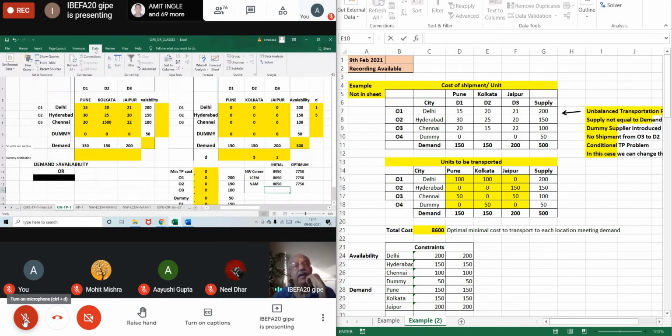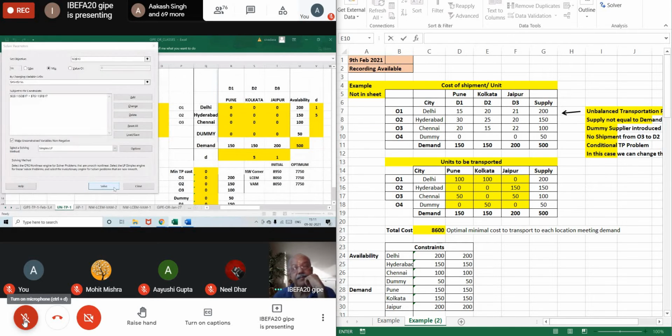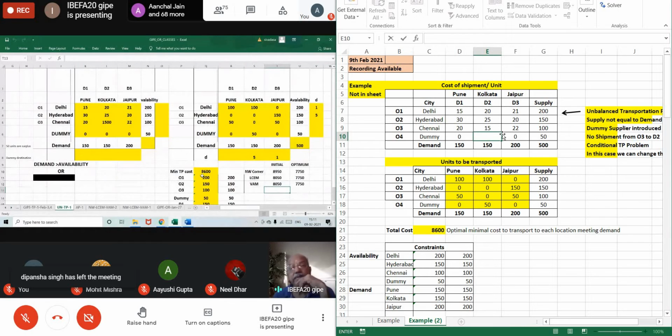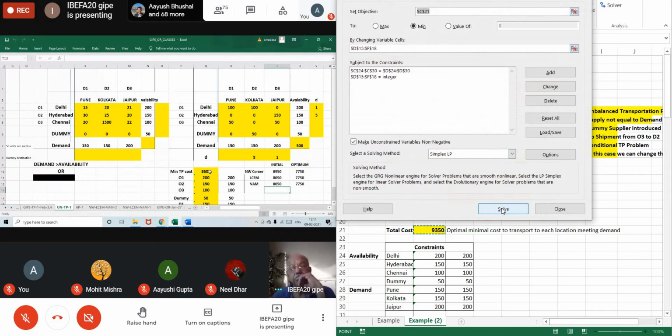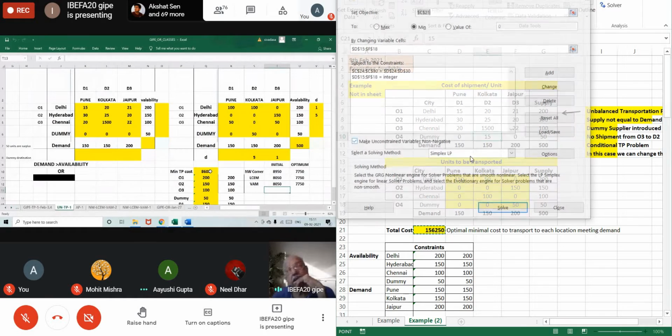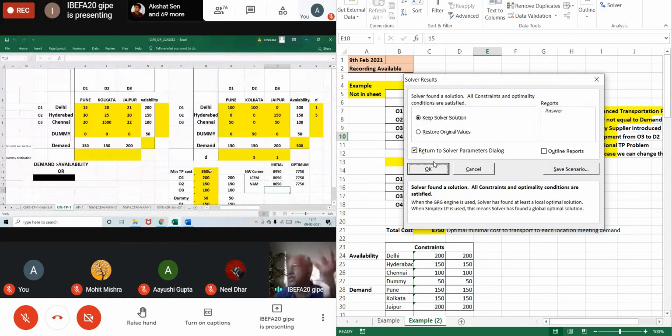Just solve it. How much does it come? How much is the minimum? $8,600. Naturally.